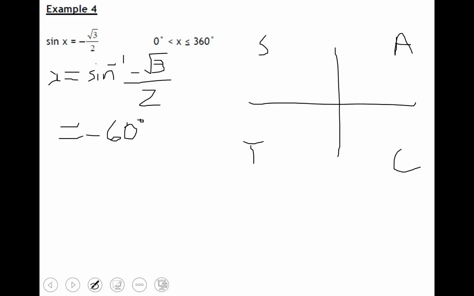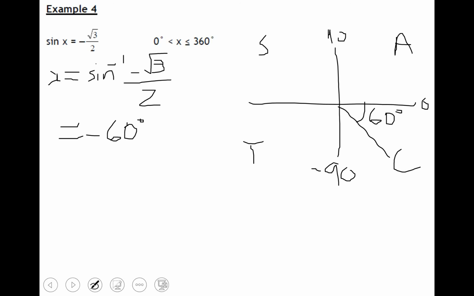However, we start at 0 on our cast diagram and we end up at 90 if we go anti-clockwise. If we go clockwise, we're going in the opposite direction, so we would get minus 90. So the 60 degrees here would end up in the C quadrant, and the minus is just telling us which direction it's going in.